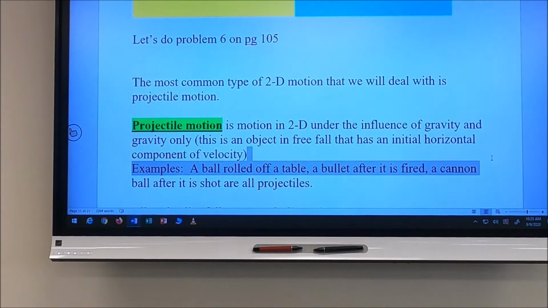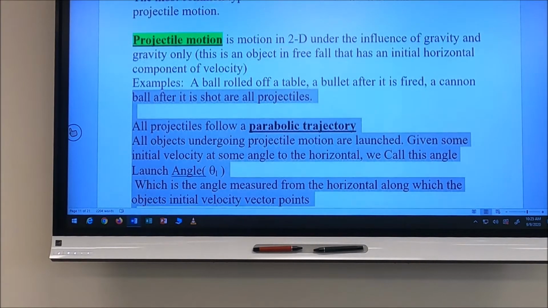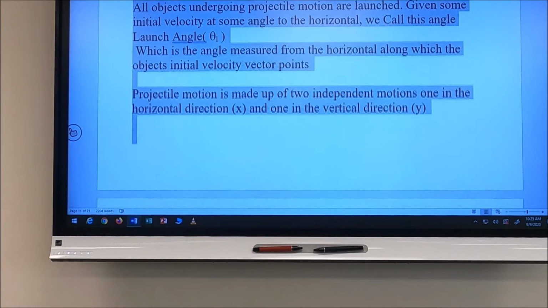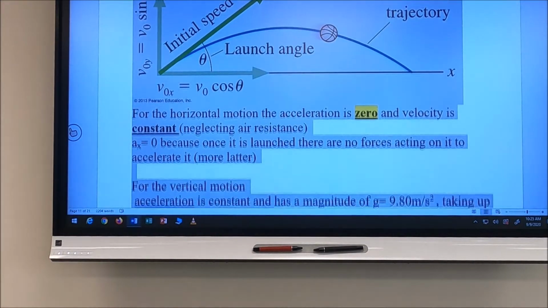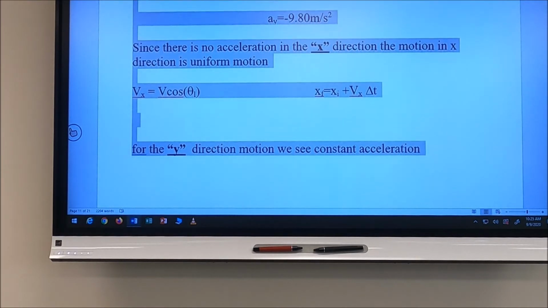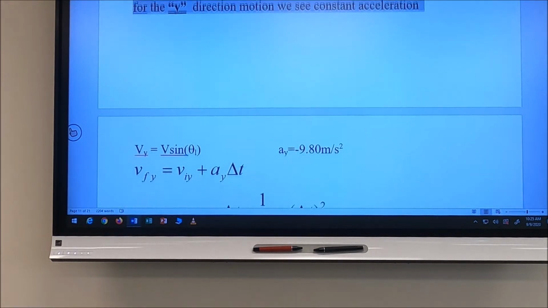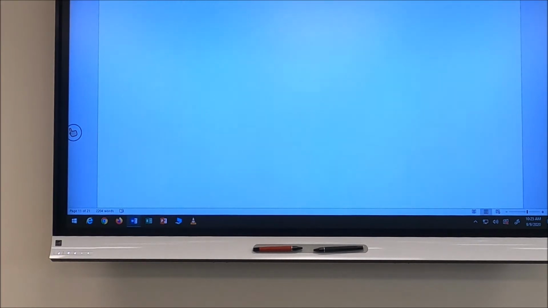Well, guys, give me a second. I gotta walk over here to the computer and roll this to where I want it. All of our equations. What did it do?